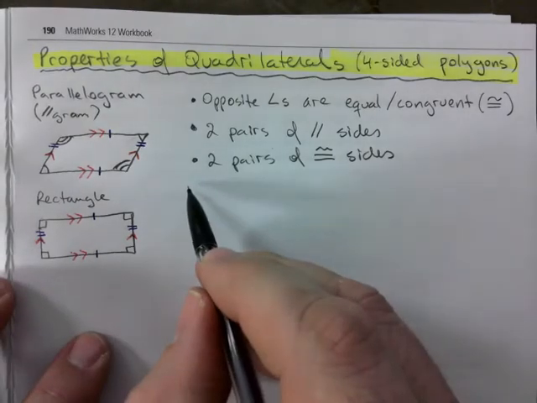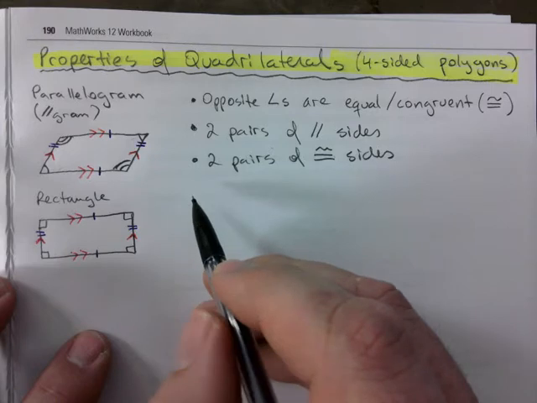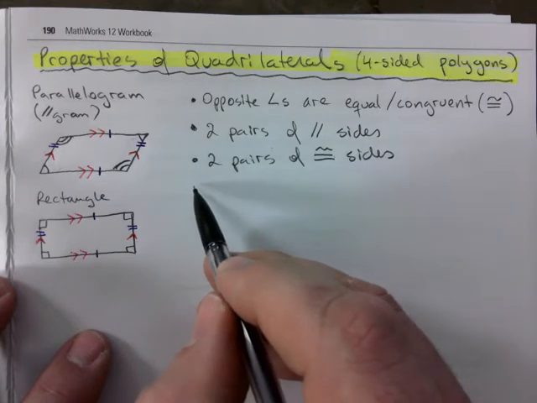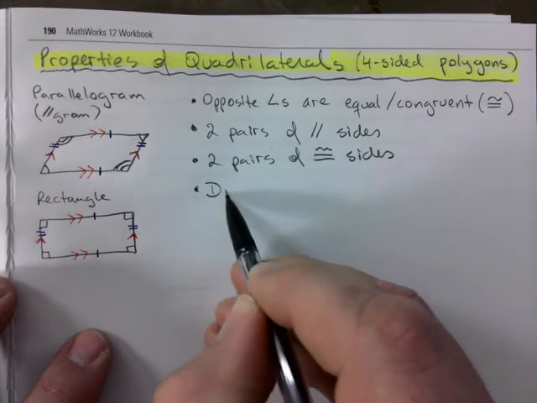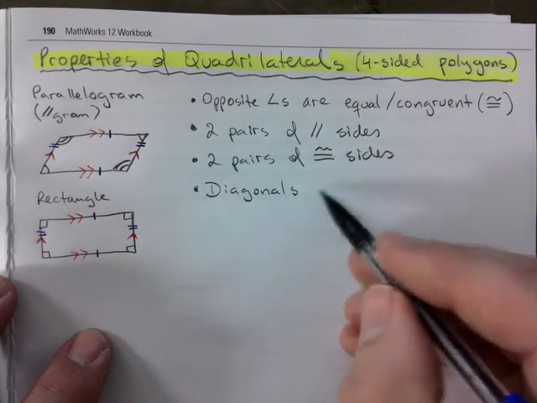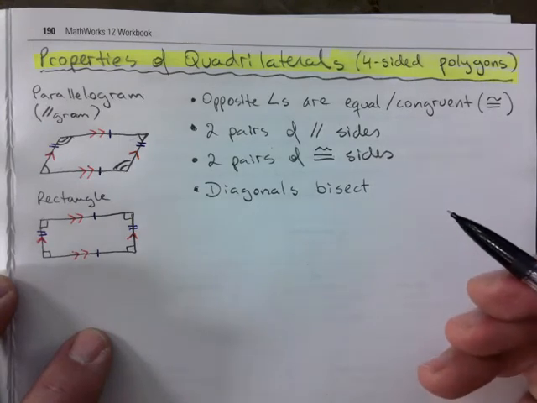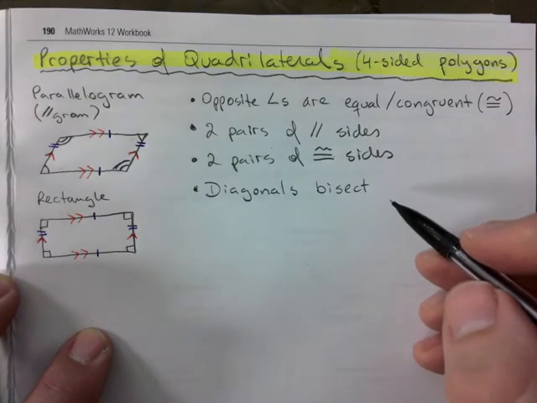And then the next one here, diagonals. This one is where it gets trickier. Diagonals bisect. What does bisect mean? Anybody? Bisect?